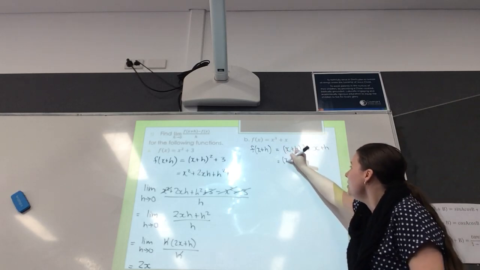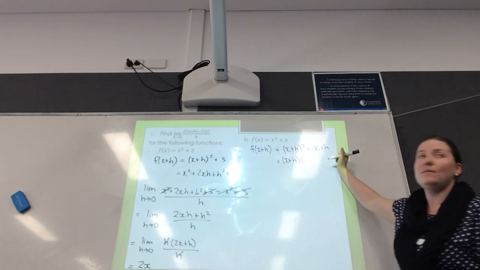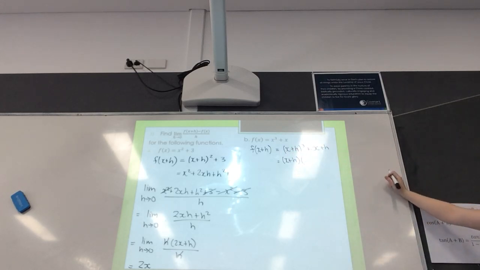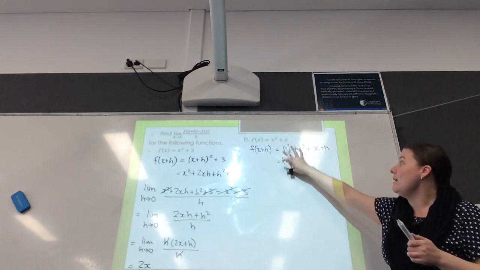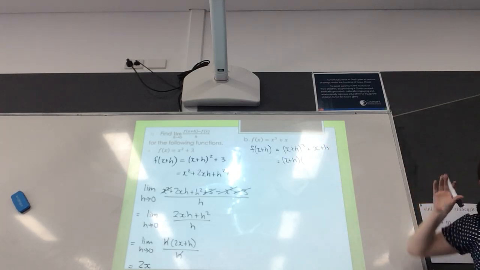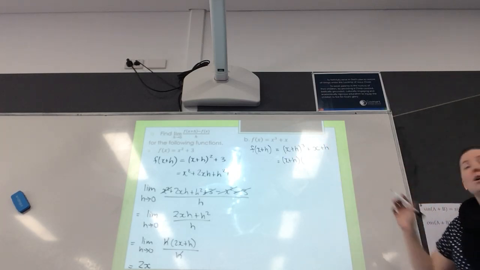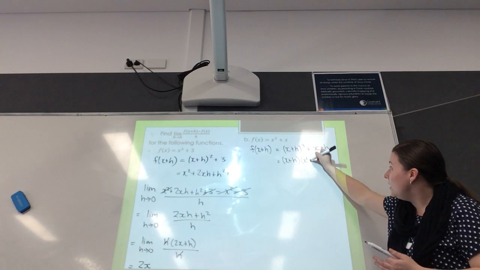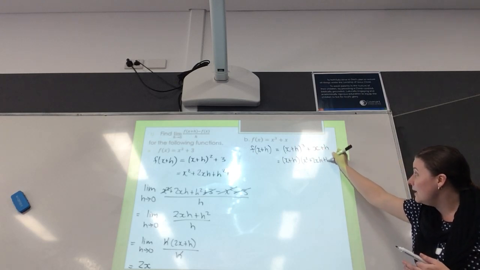So the way I'm going to do this is by keeping one of the x plus h's, and then I'm going to expand x plus h all squared. Is that okay? So I'm going to do x squared plus 2xh plus h squared.